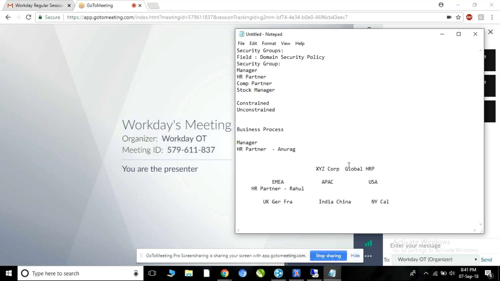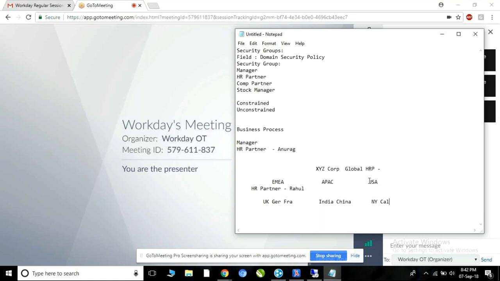If I have made global HR partner somebody from any of these, and that group is unconstrained, then this global HR partner role can be taken by an employee even if he's hired at California. Getting it? If it is an unconstrained security group, then global HR partner can be anybody, because that is not restricting it to a particular supervisory organization employee. That means this role can be taken up by anybody who is hired in the Workday system.